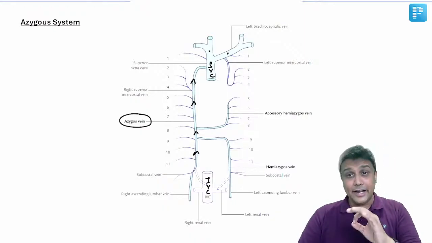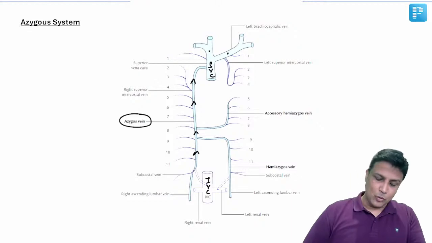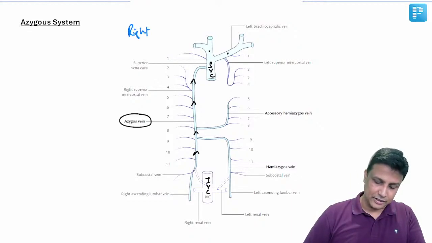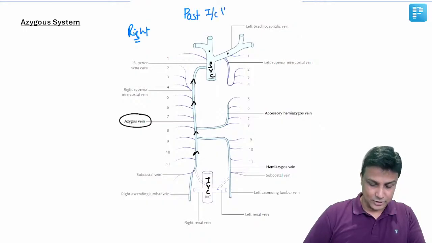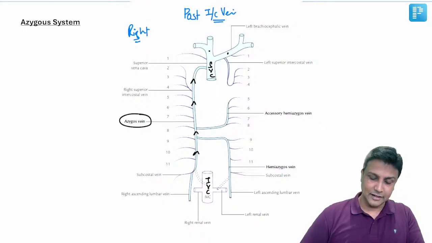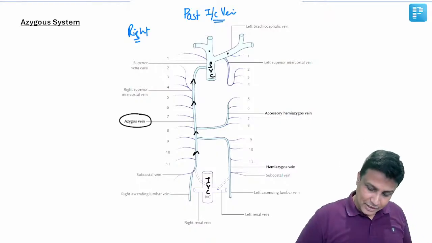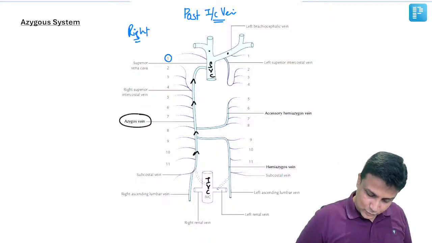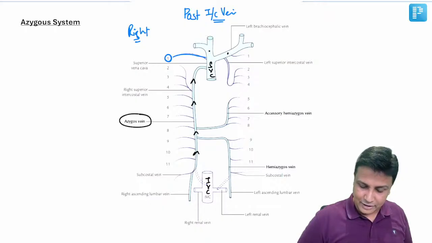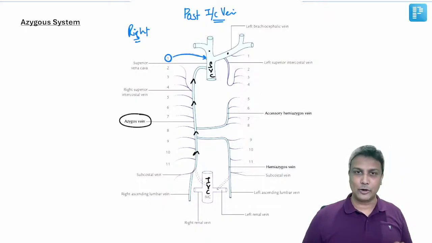Now what you have to learn here is, what about these veins on the right side? All these veins are nothing but the posterior intercostal veins. On the right side, where are they going to drain? We got to learn about that one. Remember, the first vein on the right side is going to drain into the right brachiocephalic vein, no doubt about that.